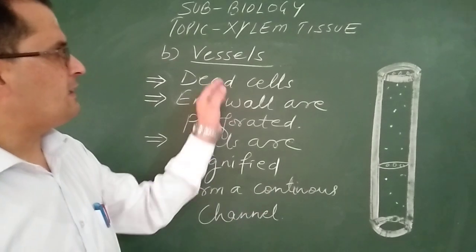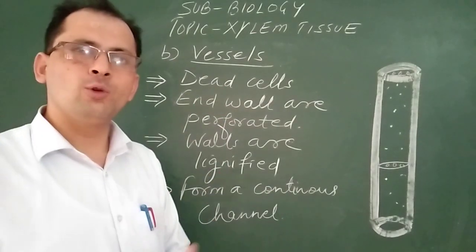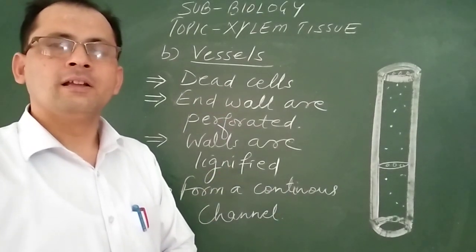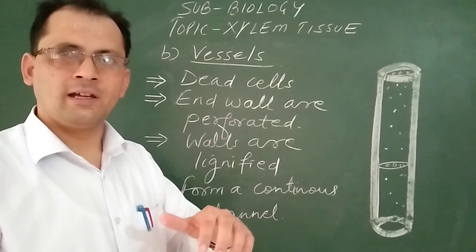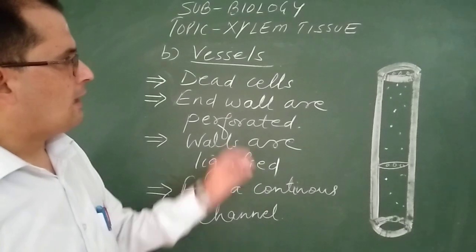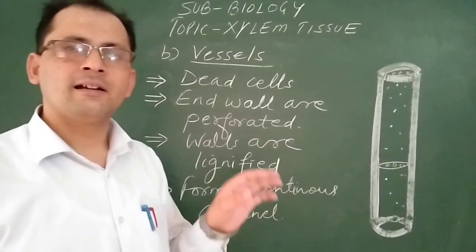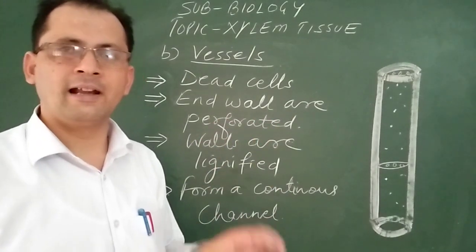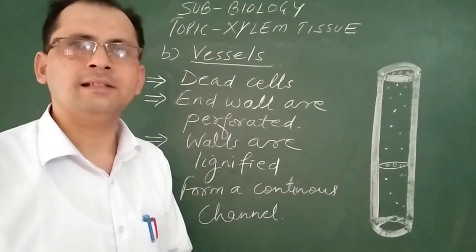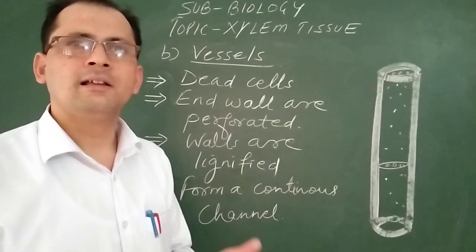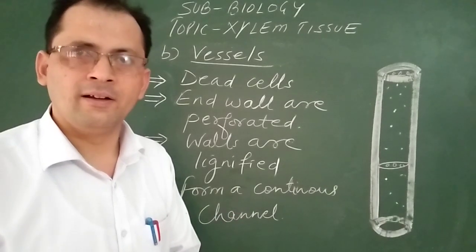Basically these vessels, again, are long tube-like structures. These are long cells which are stacked one on top of the other. Again these cells are dead cells. The cells are dead and their wall is made up of a chemical known as lignin. It means the wall is lignified.